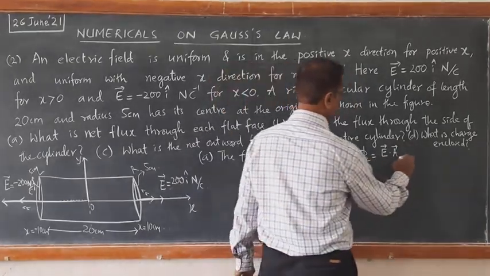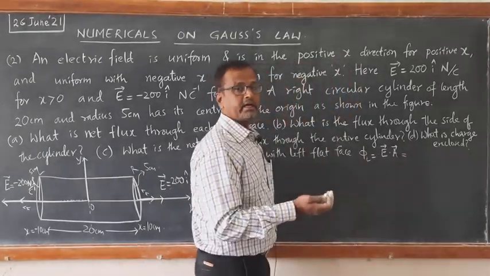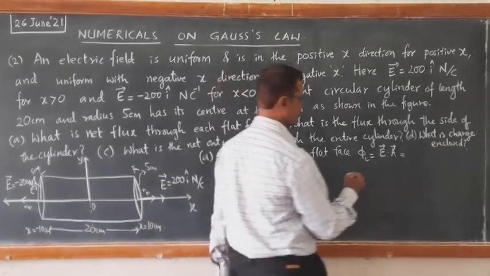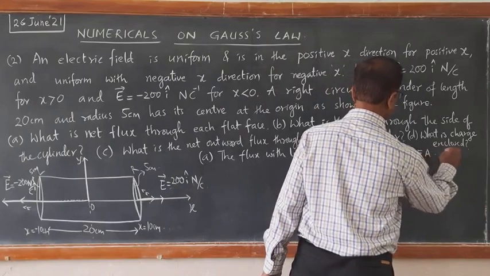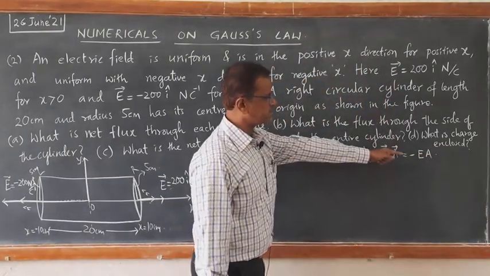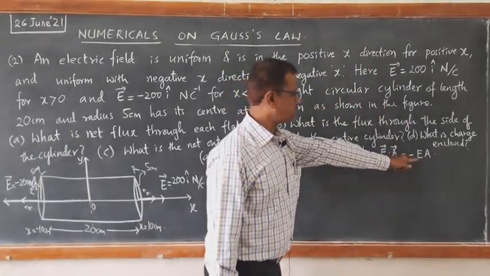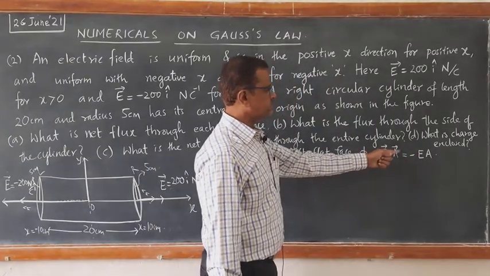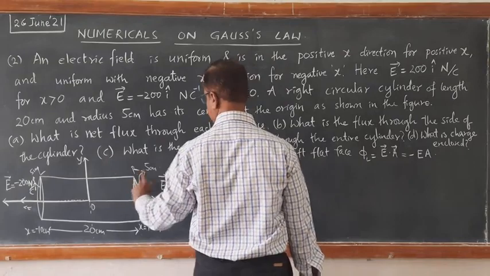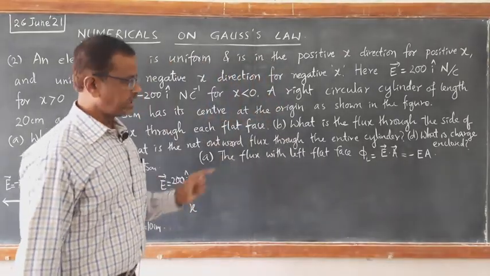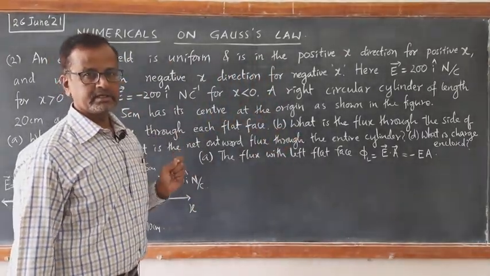Here both are in the same direction, but they are acting along the negative x-axis. Therefore, I can write it as minus EA. Then I can substitute the value of E and the value of area, pi r square, where r is the radius. The radius of this cylinder is given as 5 centimeter, so I can calculate the area also.